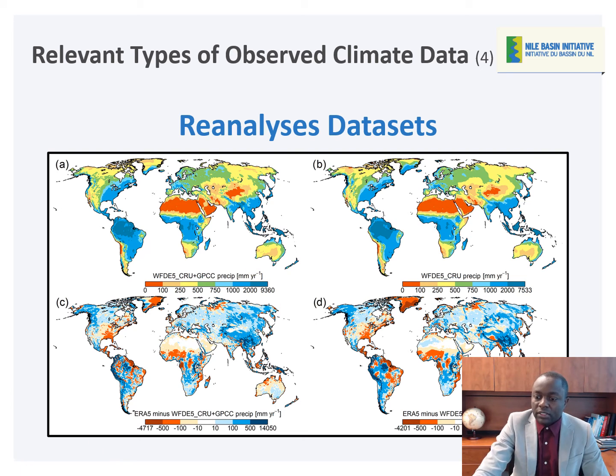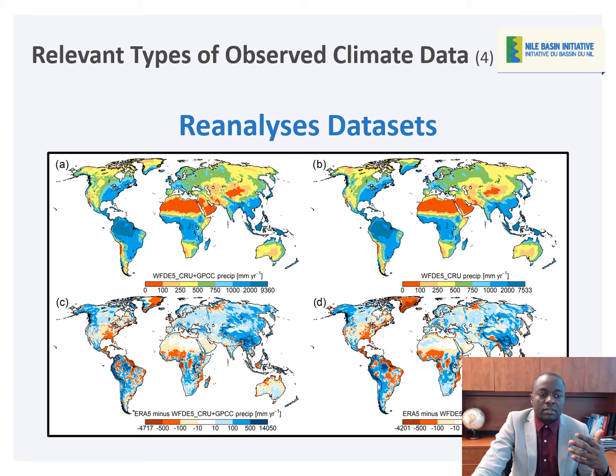However, reanalysis data products have their own limitations, just like any other data set. One, observational constraints, and therefore reanalysis reliability can considerably vary depending on the location, time period, and the variable of interest, especially extreme events.